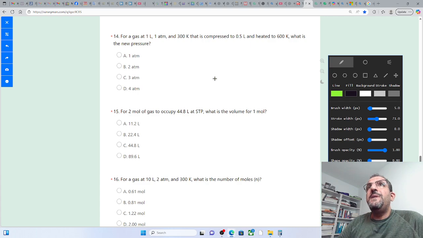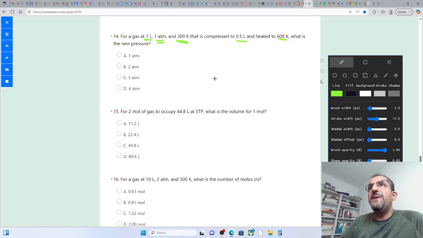Let's now move to number 15. And in number 15, let's see the relation. We have a relation between volume and temperature. So initial volume, final volume, initial temperature, and final temperature, and the problem is asking about what is the new pressure. Okay, for a gas at 1 liter and 1 atmosphere, we have here the initial pressure.